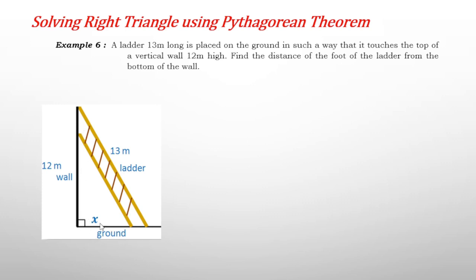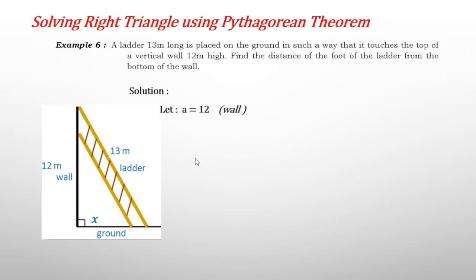This measures 90 degrees. The ladder becomes the hypotenuse of the right triangle, and the wall and the ground are the legs. The problem asks for the distance of the foot of the ladder from the bottom of the wall. So this is now the ground. In short, the ground where the ladder is placed towards the wall.